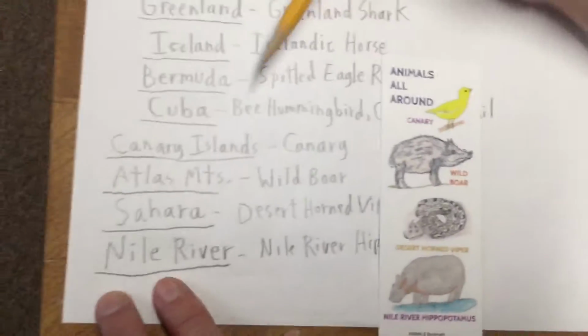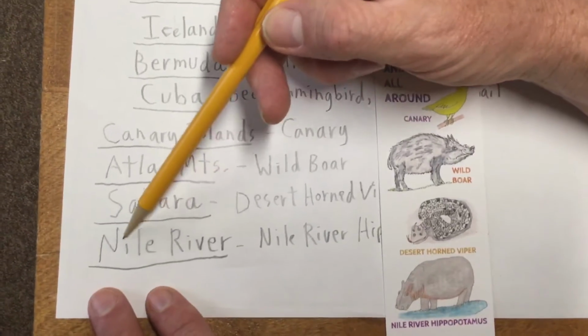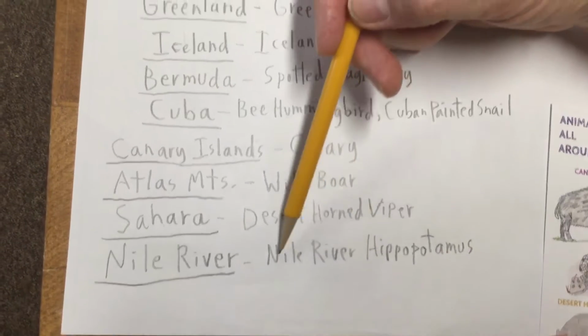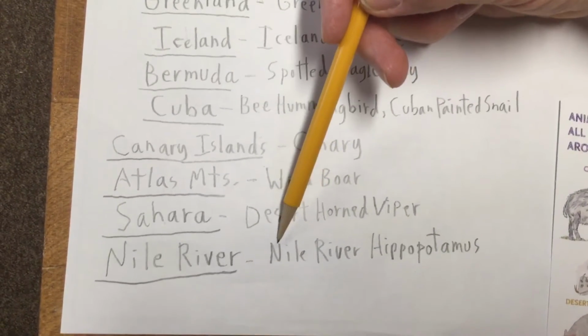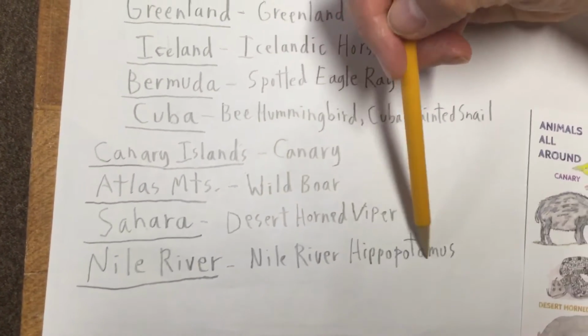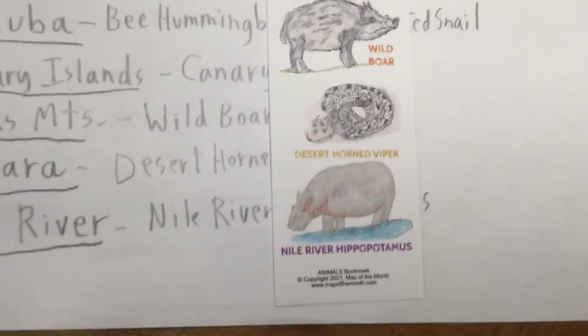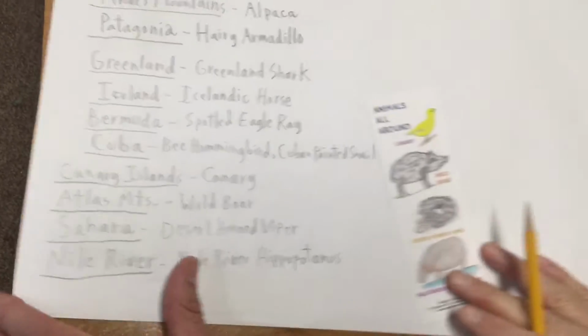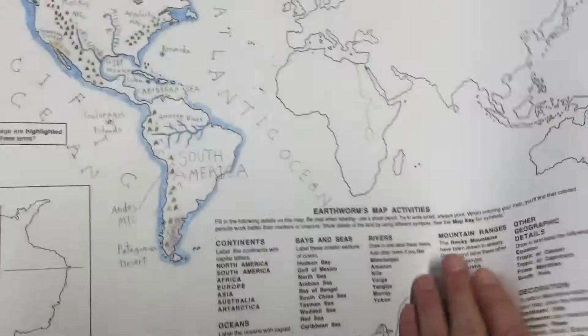And then for river we have the Nile River, which I believe is the longest river in the world, and we've chosen to highlight the Nile River hippopotamus. So those are 4 areas we're going to try to add to our continents of the world map.